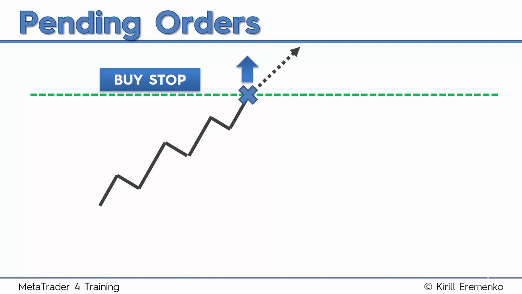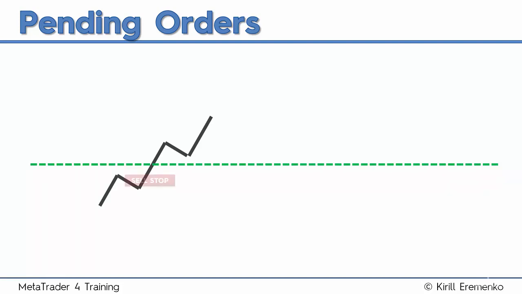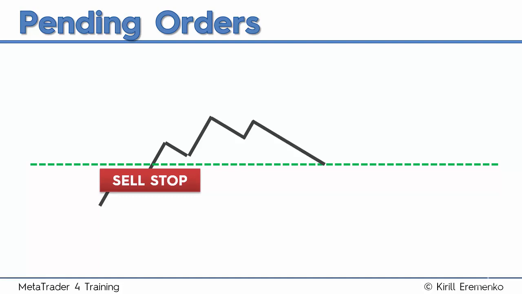In a similar fashion, you can also perform the same functions with a sell order. So let's say that your analysis is telling you that if the market reaches or breaches this level, then you should enter into a sell order. Well, in that case, you would set a sell stop order at that level, which is also another type of pending order, and then you would wait for the market to actually reach this level.